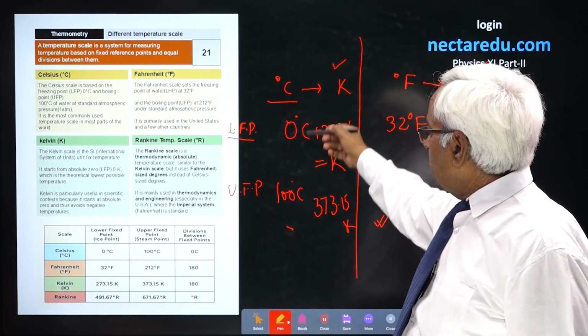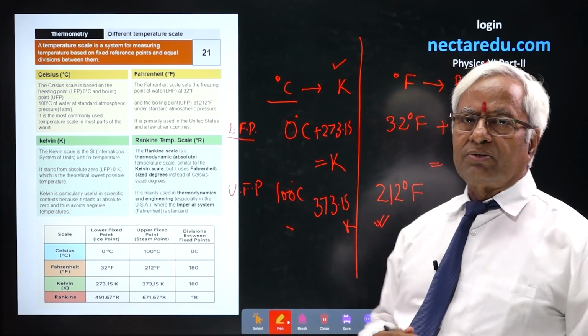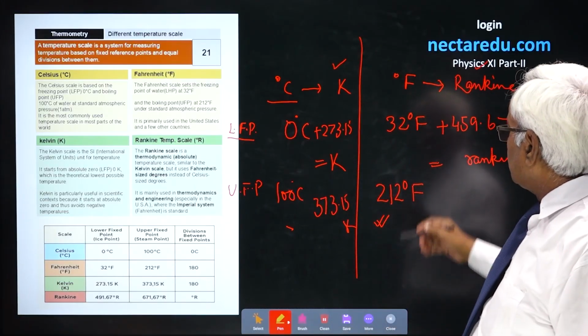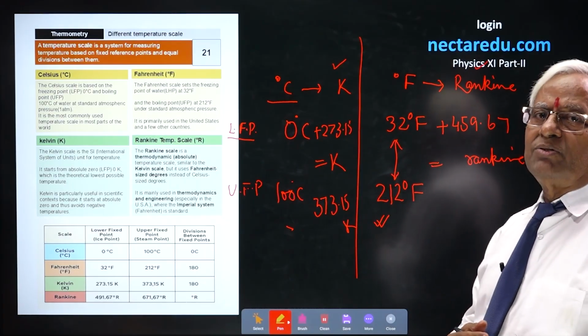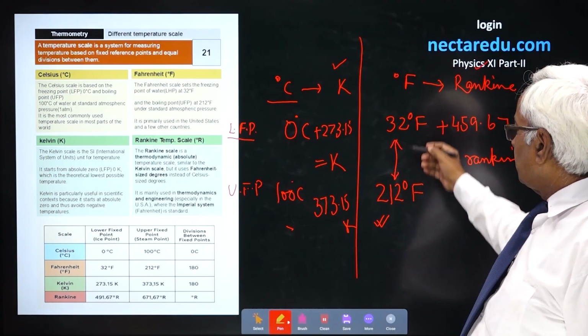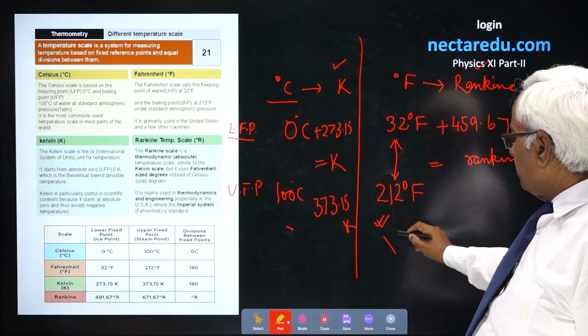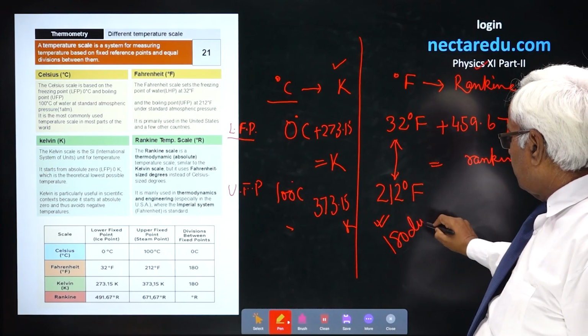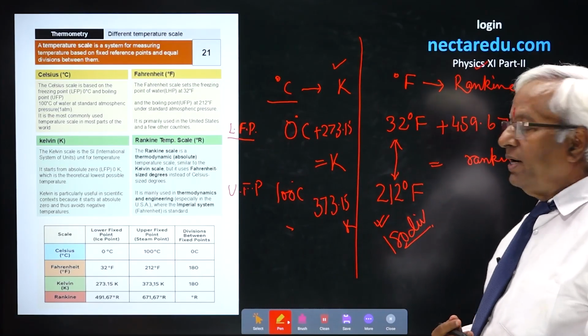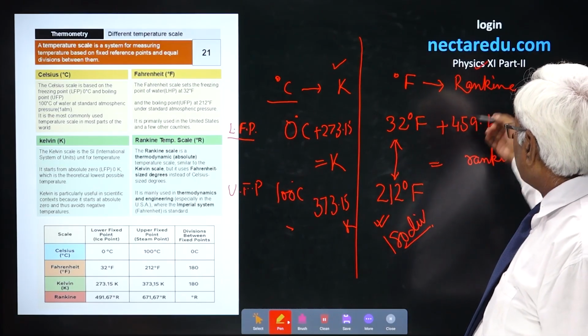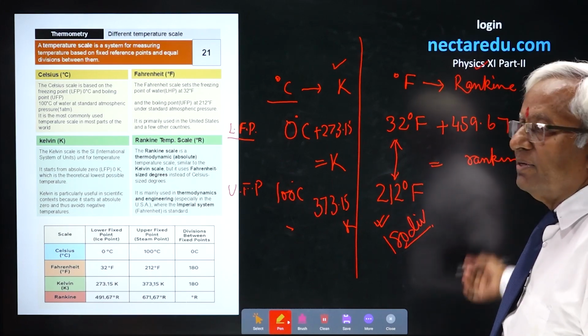Similarly, if you consider the difference between Fahrenheit readings of freezing point and boiling point of water, this is going to be 180 divisions. A difference of 180 divisions is that between the two extreme points on Fahrenheit scale and on Rankine scale.